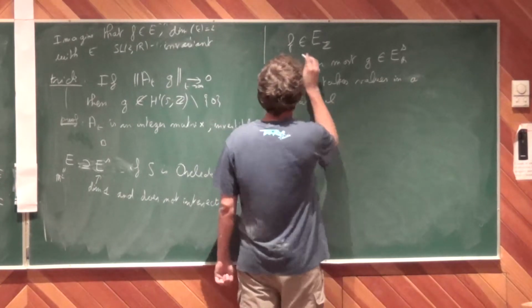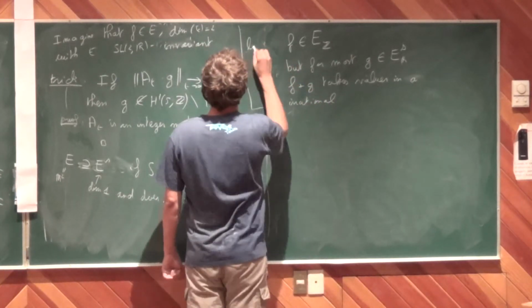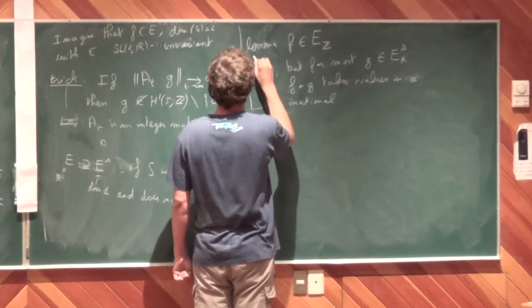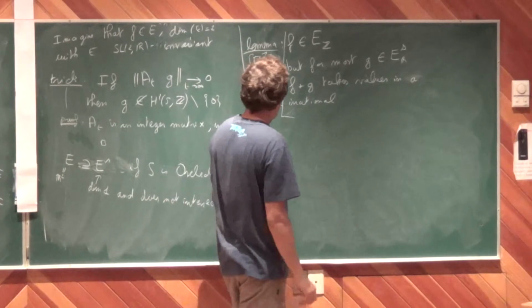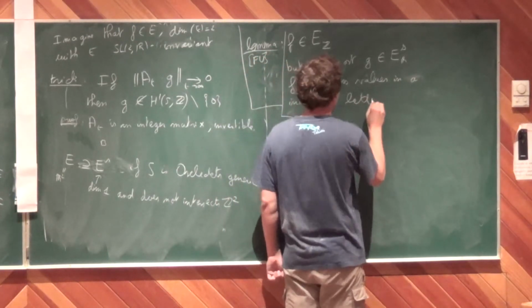So this is a lemma which is in an article. So it takes value in an irrational lattice.